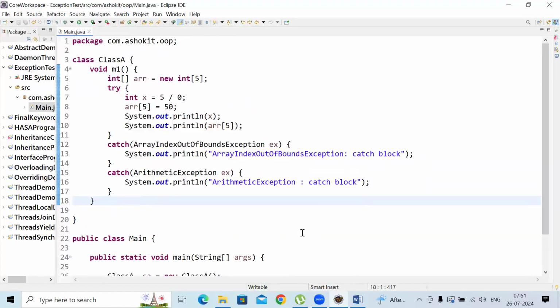Anybody else? Could you tell me what output you are expecting? Okay. Suja is saying first catch block will work. Okay. Next, anybody else wants to say some answer? Guys, make it fast and tell me. Are you ready to tell any answer for me, or do you want me to say the answer? Okay. Look at this. I will tell the answer.